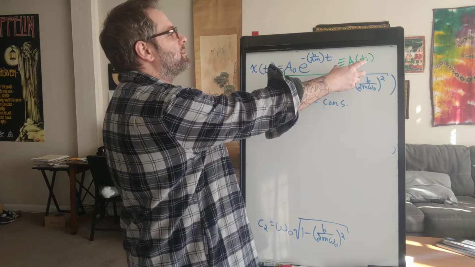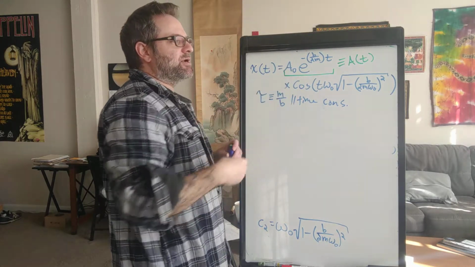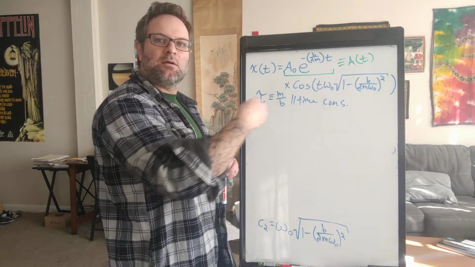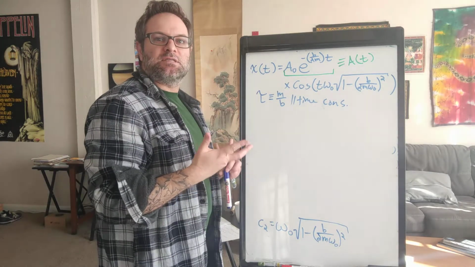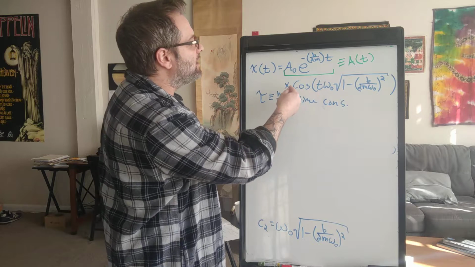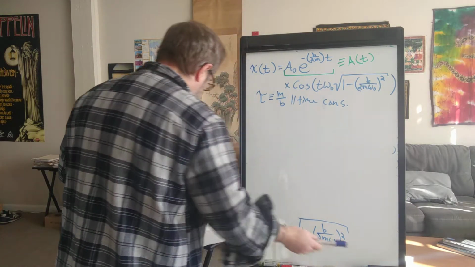What's going to happen here is this guy is going to tell us how big those oscillations are as a function of time. Obviously, if this is a damped harmonic oscillator, it's slowing down, so this decreases as a function of time. And then this tells us about the rate of oscillation. So let's draw this.